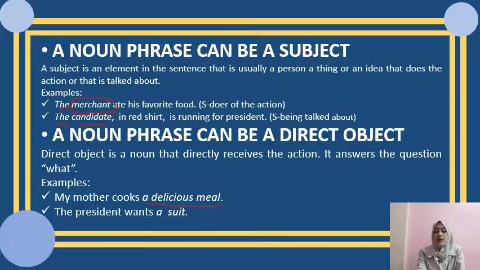The noun phrase here is a delicious meal, in which a is the determiner, delicious is the modifier, and meal is the noun. Another is: the president wants a suit. A suit is the noun phrase, and the pattern is determiner plus noun.